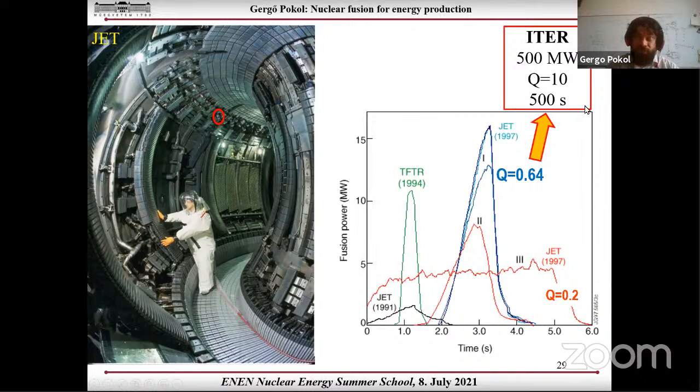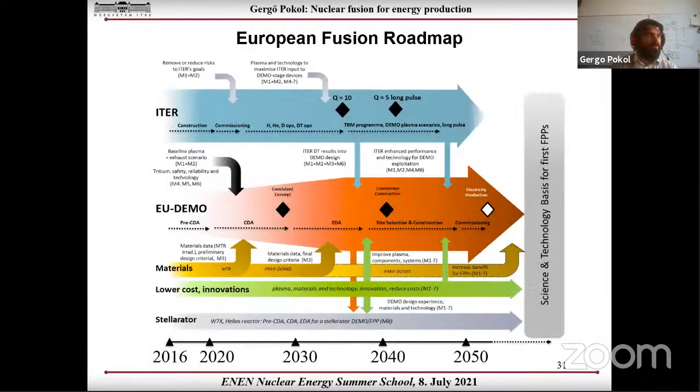And also for a sufficiently long time, not just 2 seconds, but 500, that's really measurable already. After ITER, that will still be a plasma physics experiment. It will not produce any electricity to the grid. We can think about designing a machine called a DEMO reactor that will produce energy for the grid.